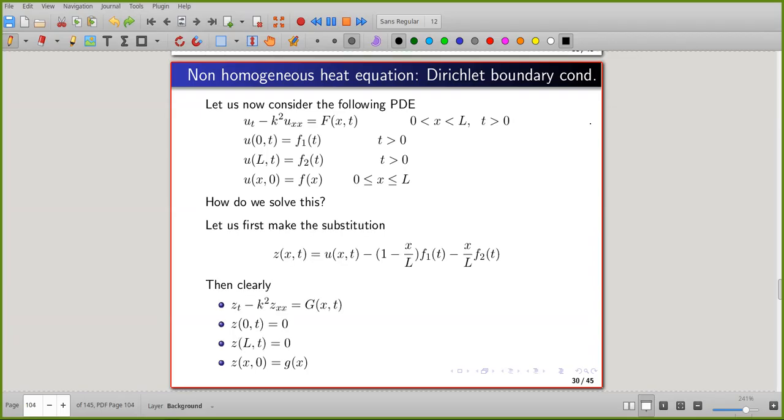So we first make a substitution. We want to make these two 0. So we make a substitution: z(x,t) is equal to u(x,t) minus (1 minus x/L) f1(t) minus (x/L) f2(t). Since we know f1 and f2, z and u completely determine each other.